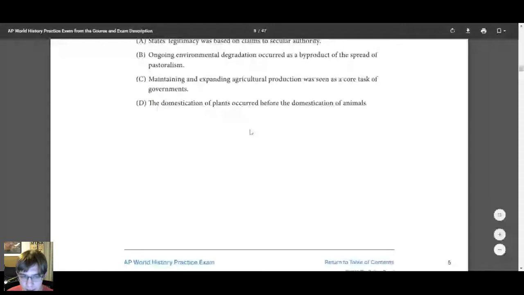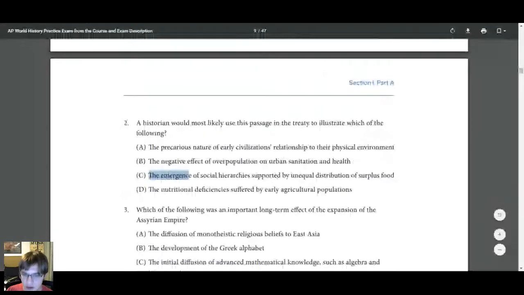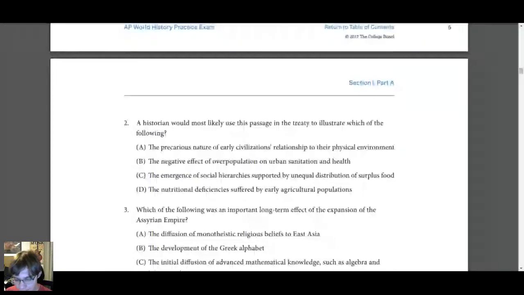So let's look on to number 3. Oh, why wasn't it C? The emergence of social hierarchies supported by an unequal distribution of surplus food. Let's take a look back. They don't really mention surplus food or unequal distribution.